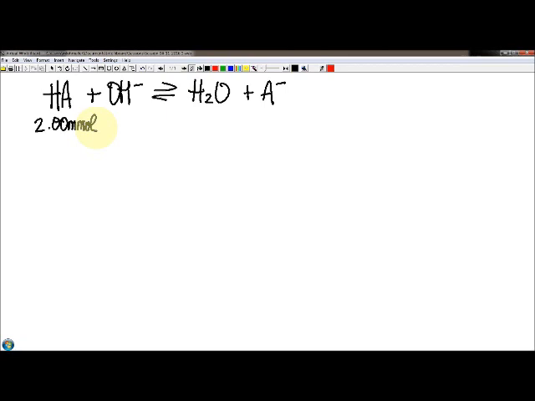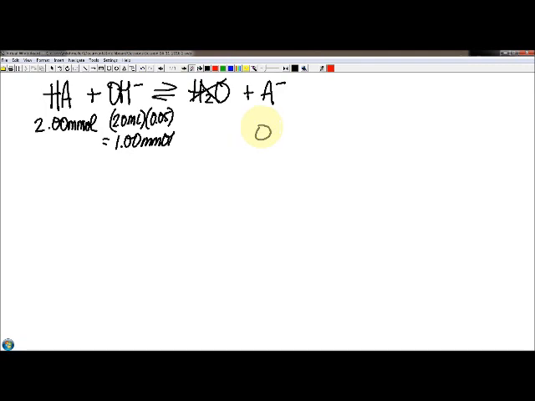We know the molarity and how much sodium hydroxide is added, so we need to figure out the millimoles of that. So 20 milliliters times our concentration, the 0.05, gives us 1 millimole of sodium hydroxide. We have nothing to do with water, and we have 0 to start for the conjugate base.